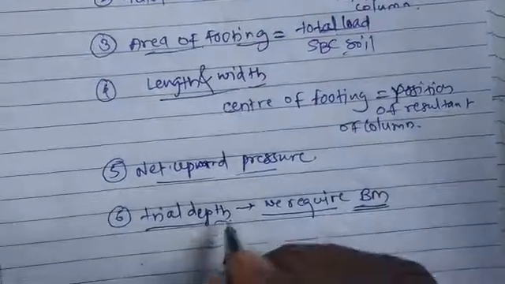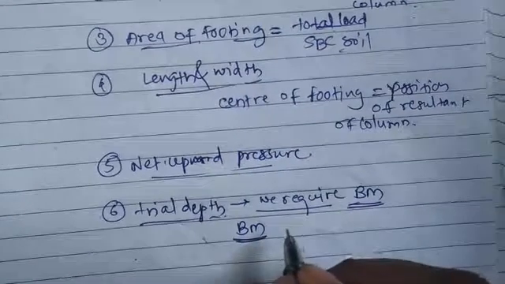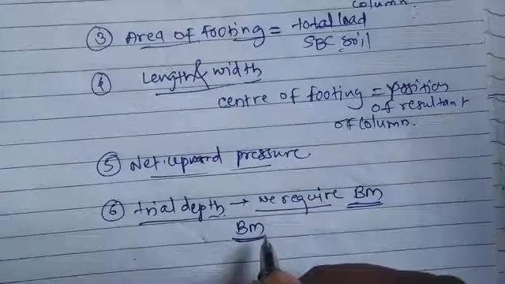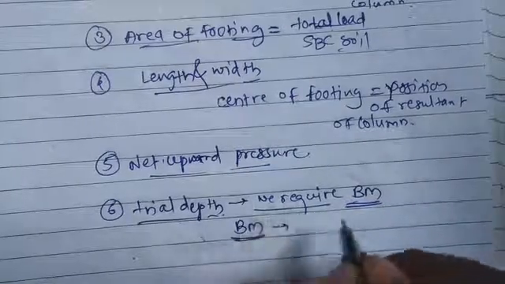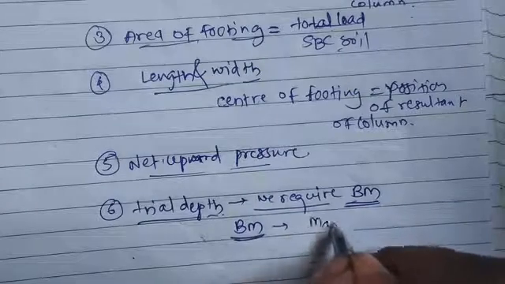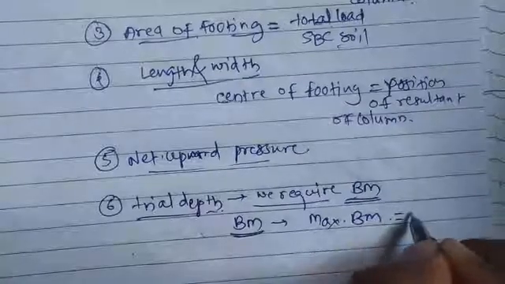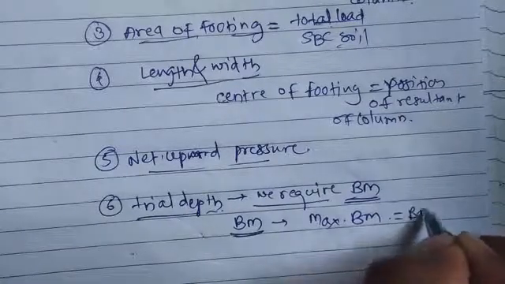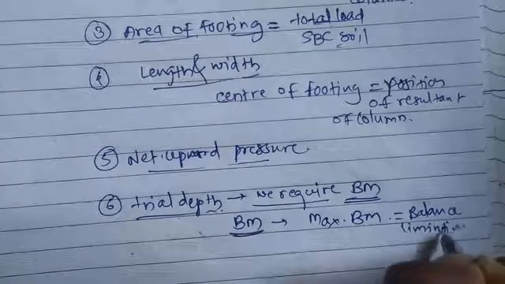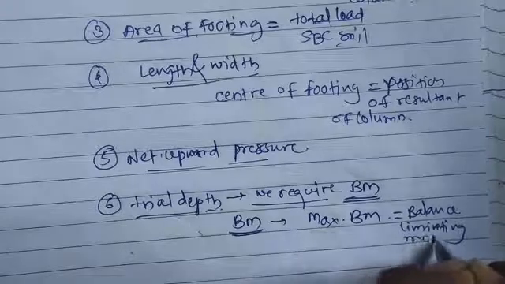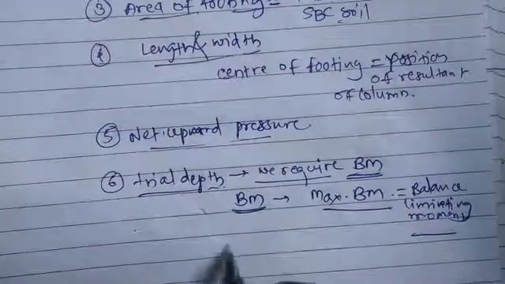So we have calculated the bending moment in footing at various positions where we might get the maximum bending moment. We calculated bending moment at two or three sections, and we have taken the maximum calculated bending moment for equating with the balancing moment or limiting moment. We have equated these two, and we have calculated the trial depth.